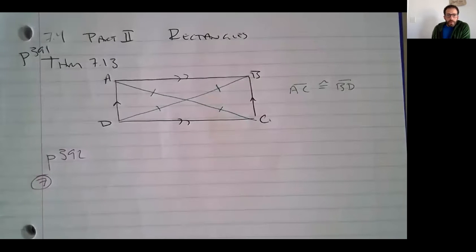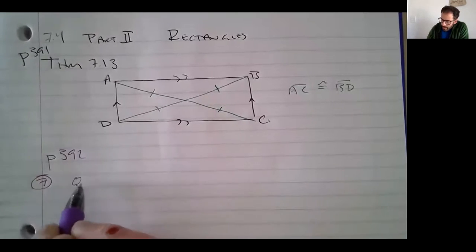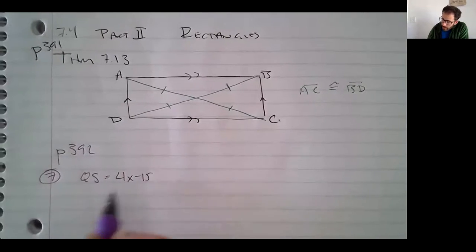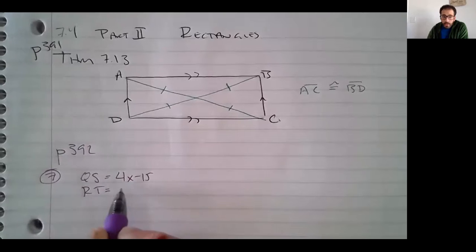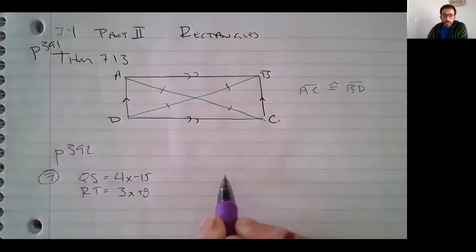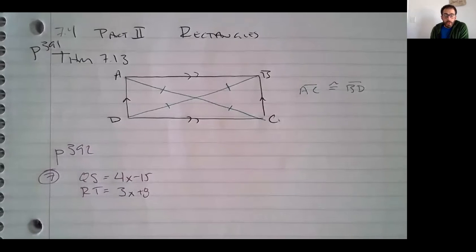All right, in example 5, QS is equal to 4x minus 15, and RT is equal to 3x plus 8. We want to find the lengths of the diagonals for QRST. Okay, so I need to go back to page 391 and take a look at example 5.